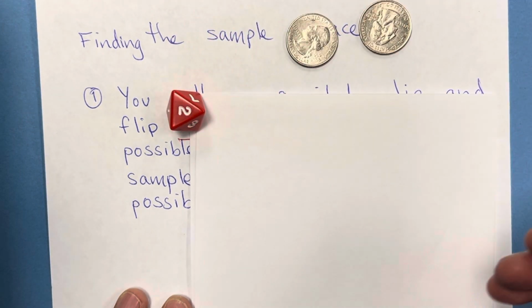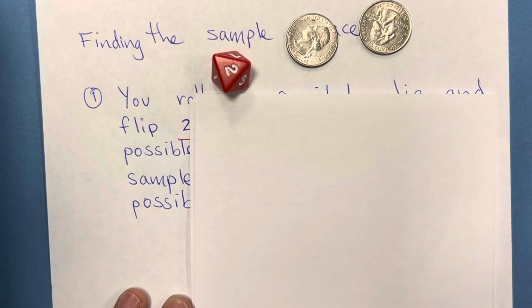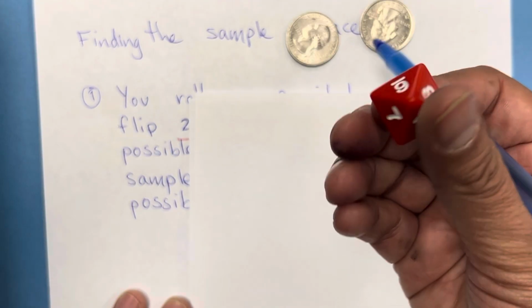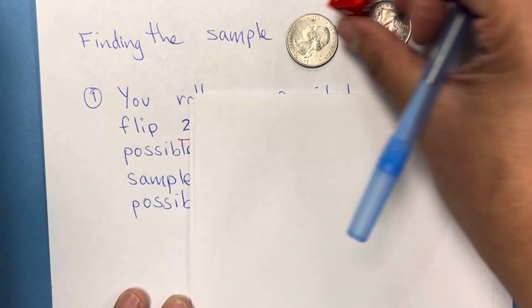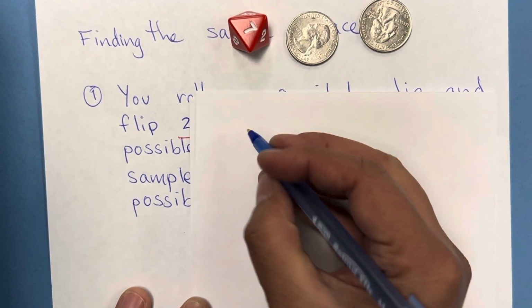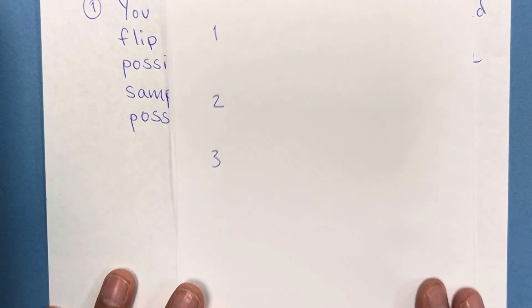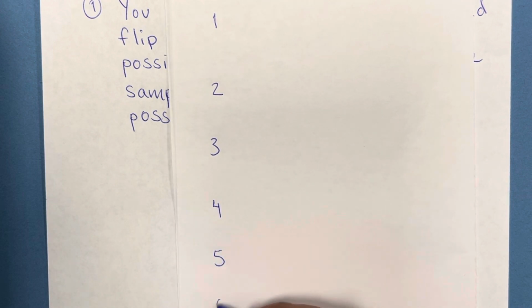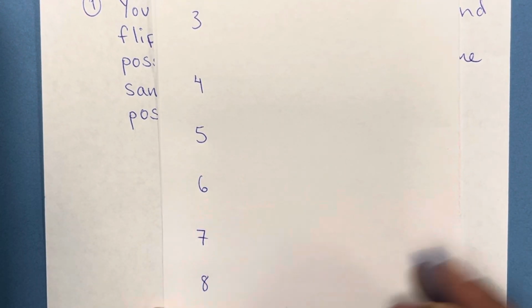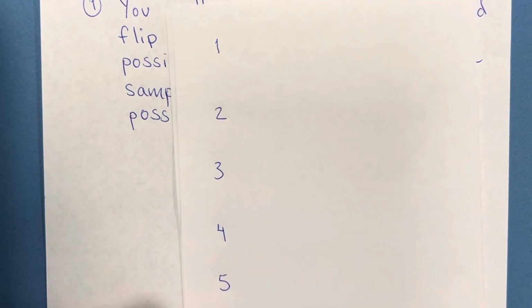If I throw it at random, I might get a 1, a 2, a 3, a 4, a 5, a 6, 7, or 8, okay? Because those are the numbers that are on this die. Those are the possible outcomes just for that one die.